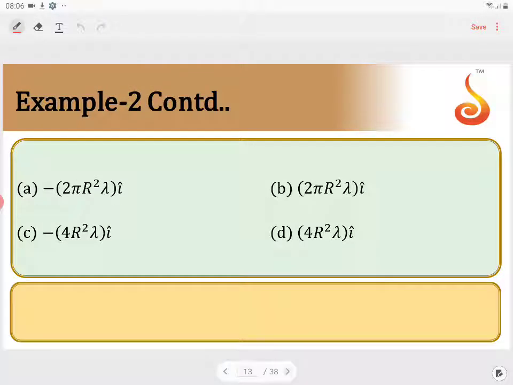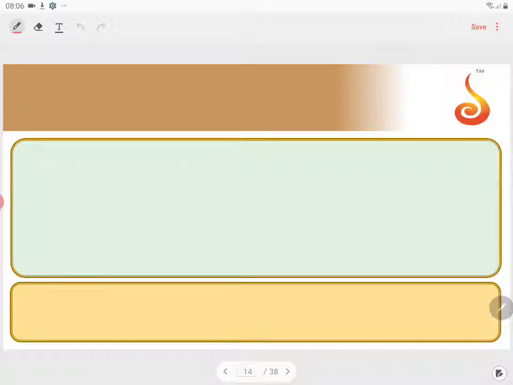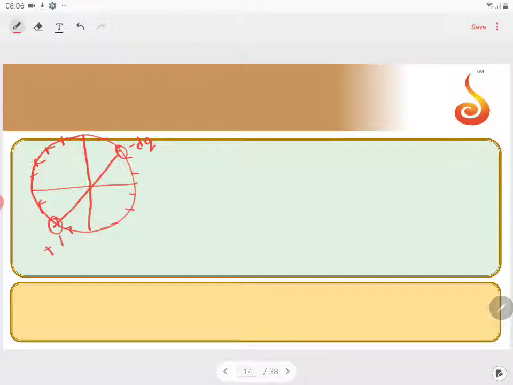Now we'll find this net dipole moment. Here we have positive charge, and here we have negative charge. I consider a small elemental charge minus dq here and a small elemental charge plus dq here. This element will have a certain length.